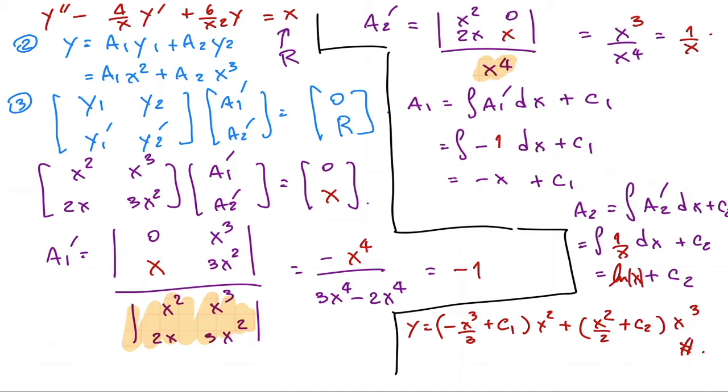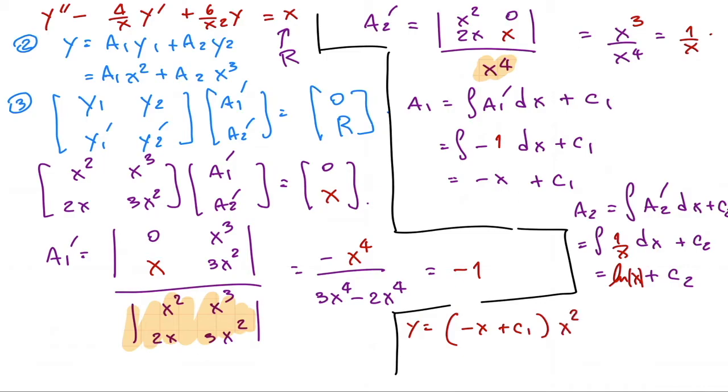So the answer would become a1, which is minus x plus c1, y1 is x squared, plus a2, which is log x plus c2, and x cubed.